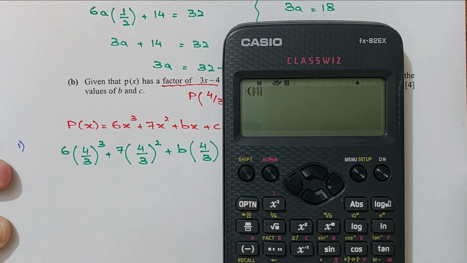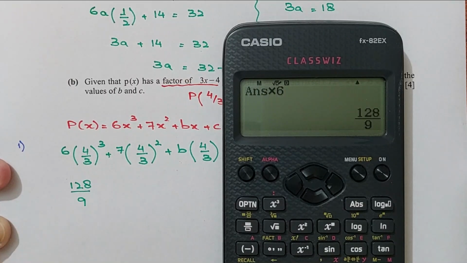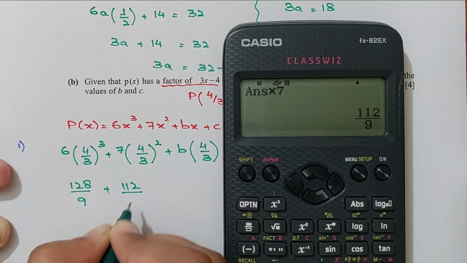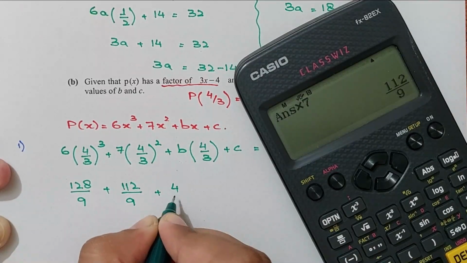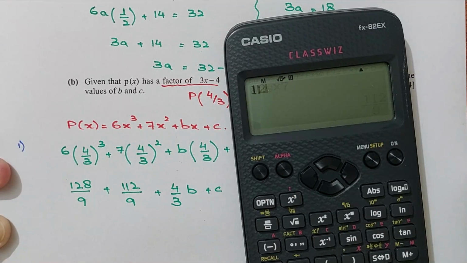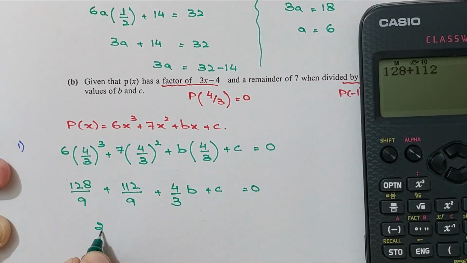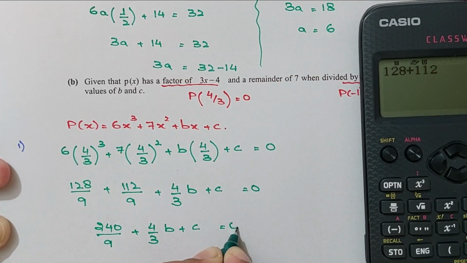Now 4 by 3 cubed, multiplied by 6, is 128 over 9, and 4 by 3 squared, multiplied by 7, is 112 over 9, plus 4 by 3 b plus c equals 0. So 128 plus 112 is 240, so this is 240 over 9 plus 4 by 3 b plus c equals 0.